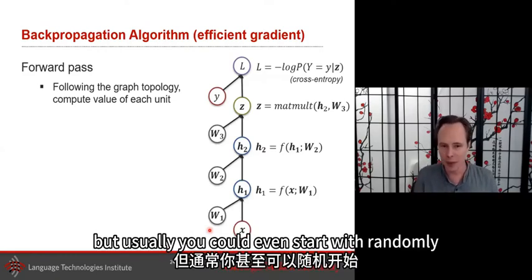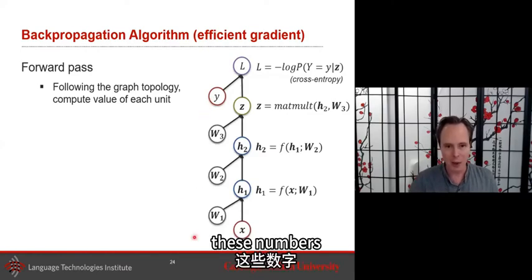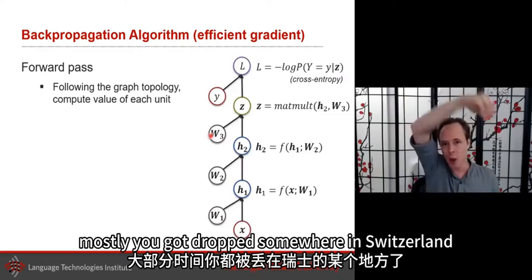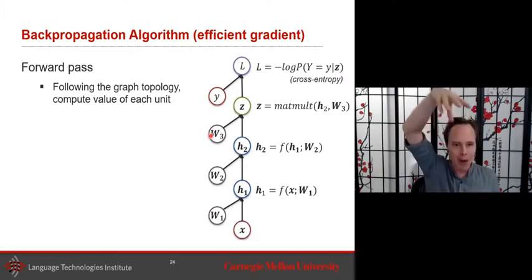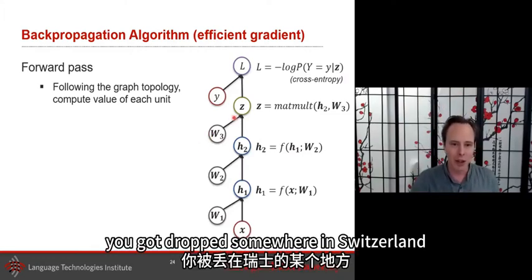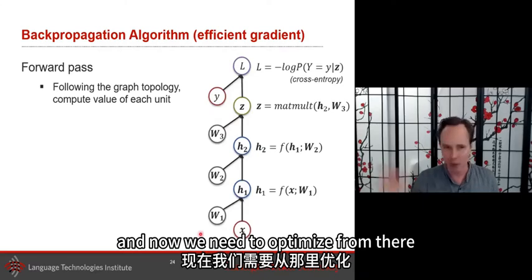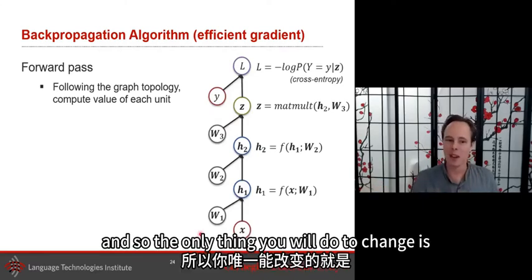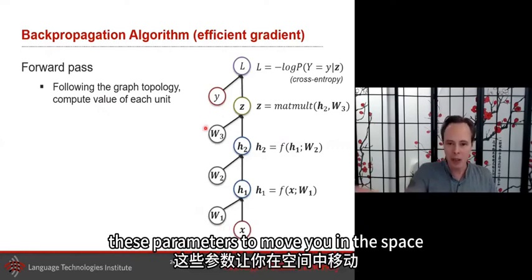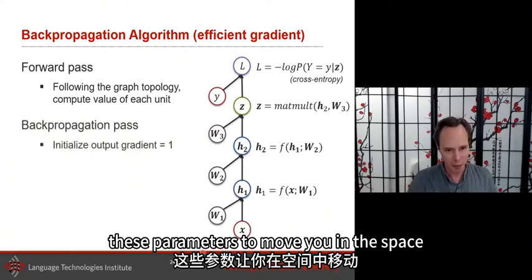But usually you could even start with these numbers randomly. So what it means is you got dropped somewhere in Switzerland. And now we need to optimize from there. The only thing you will change is these parameters to move you in the space.